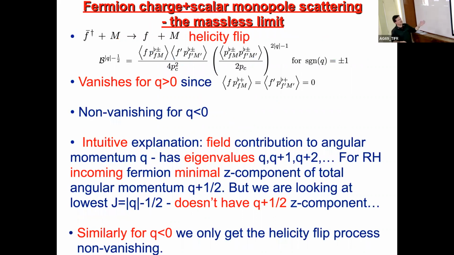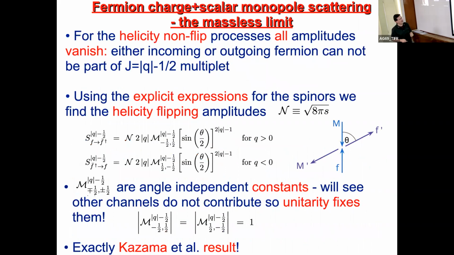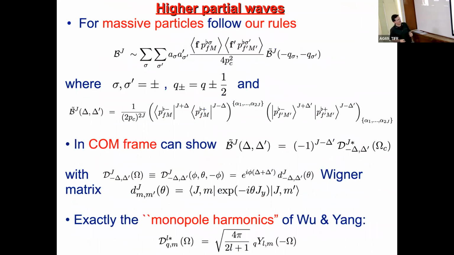So we calculated that. The lowest scattering amplitude we could fix completely, and we could reproduce the helicity flip that is showing up there. And for the higher partial waves, we were able to identify, just like we discussed, that these so-called monopole spherical harmonics are going to be showing up here.